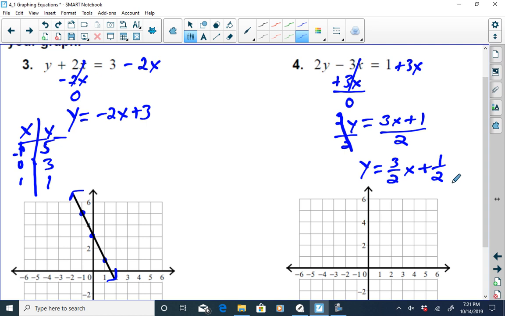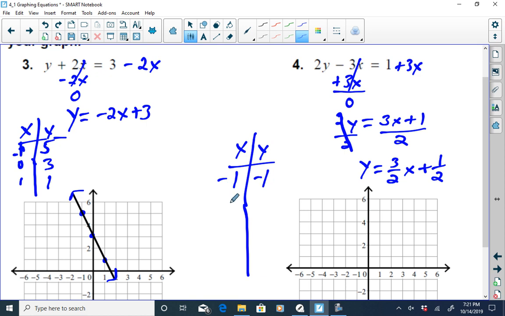Alright, now, I want to use some values to hopefully get integer values here. So x comma y. Right, let's try, yeah, that'll work. If I use -1, 3/2 times -1, that's -1.5. -1.5 plus 1/2, that's going to be -1.